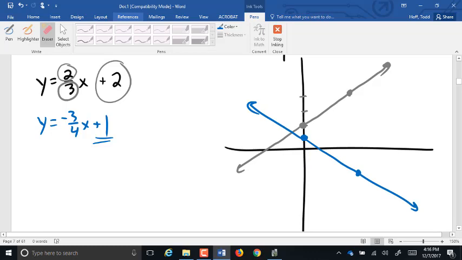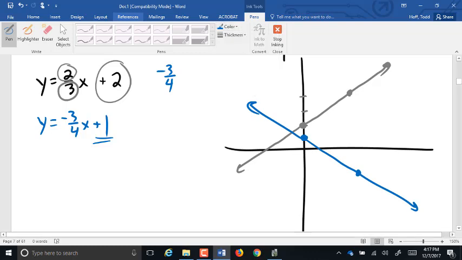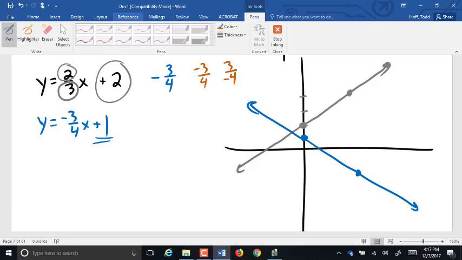Now I said the run is always positive. I should give you a little clarification that -3/4 can either be thought of as a -3 over a +4 or a +3 over a -4. Either one gives me a negative overall number. I cannot have -3 over -4 because a negative divided by a negative would be a positive. And that's the mistake most people make, is they want to make both of them negative when the slope is negative.